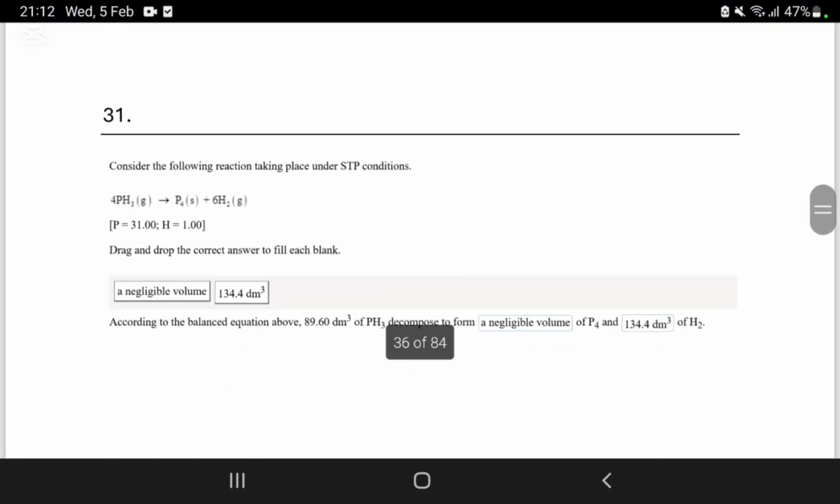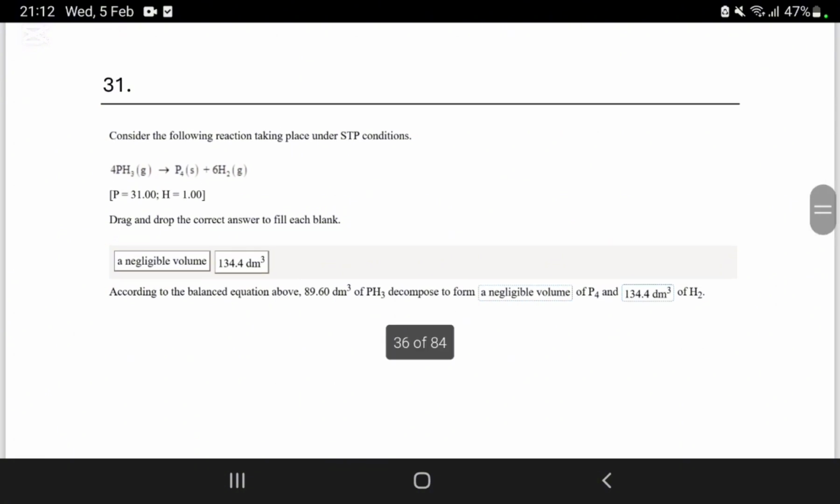Last question. According to the balanced equation, 89.6 decimeter cube of PH3. So just divide by 4. 89.6 divided by 22.4. That will give us 4.